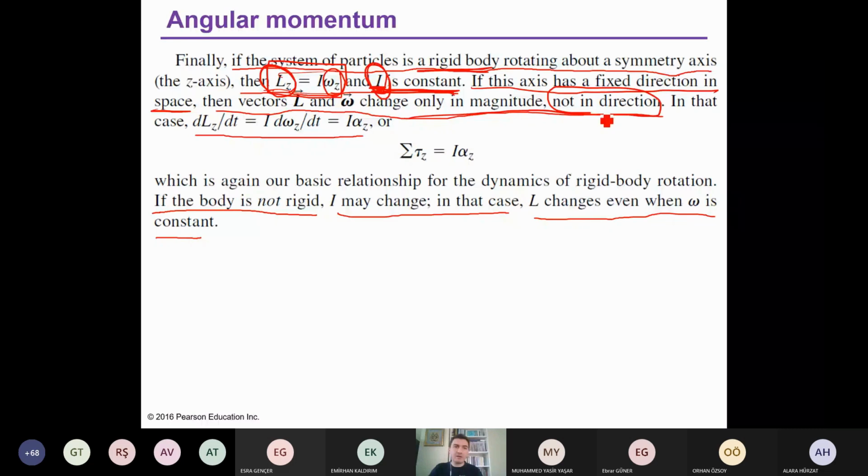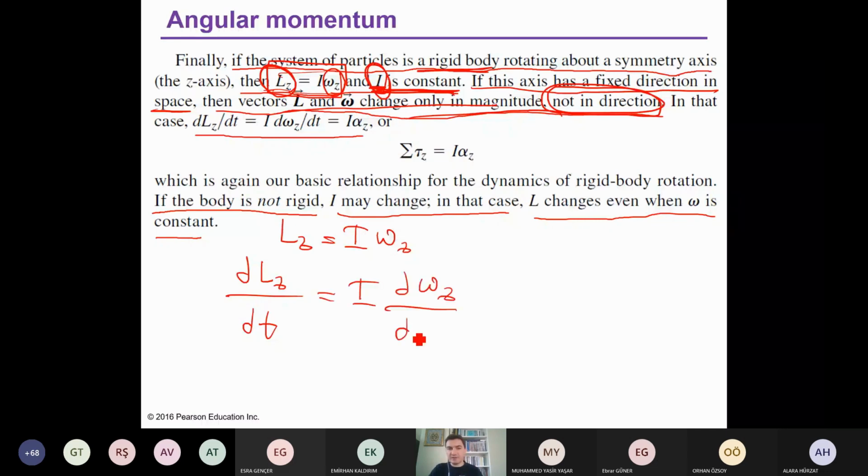So here, look at this expression, dLz over dt. Here we have Lz, which is given by I times omega z, and here you can do this one, d omega z over dt. So what is this one? Time derivative of angular velocity. This is alpha z, angular acceleration.